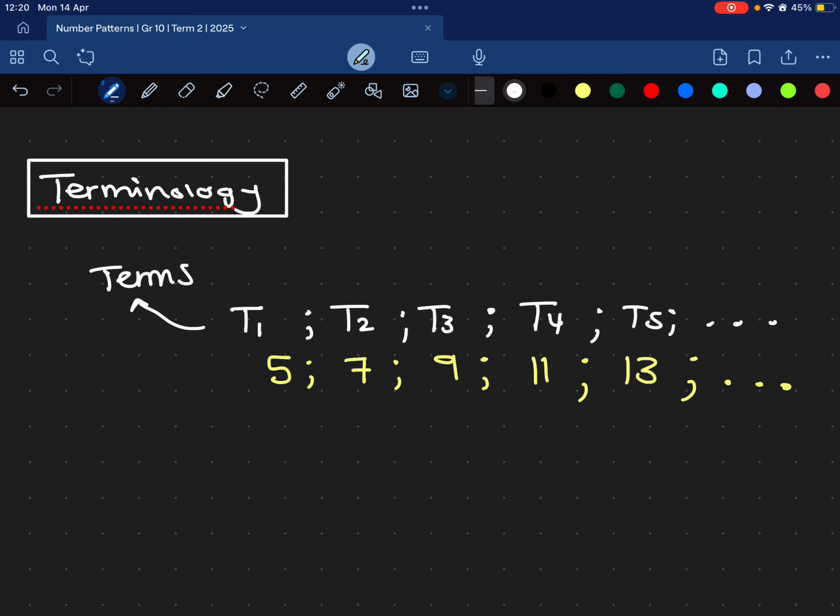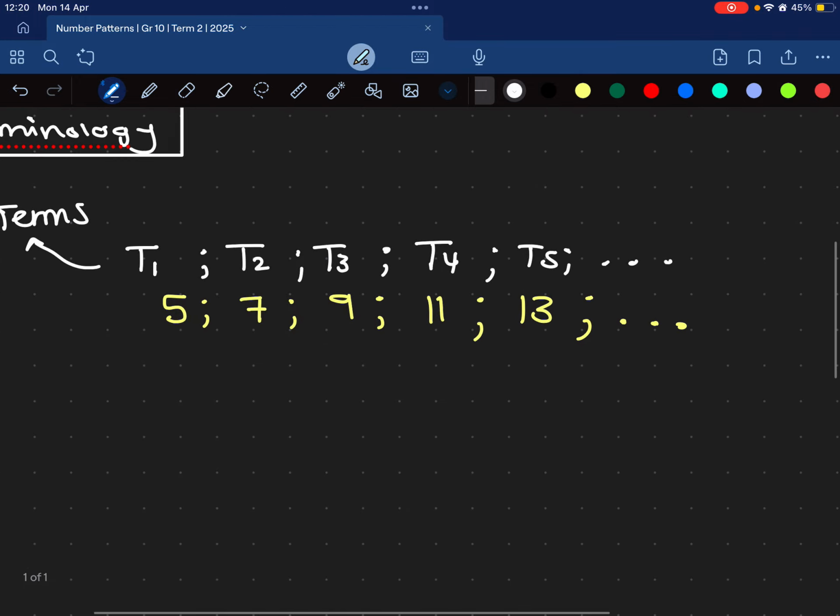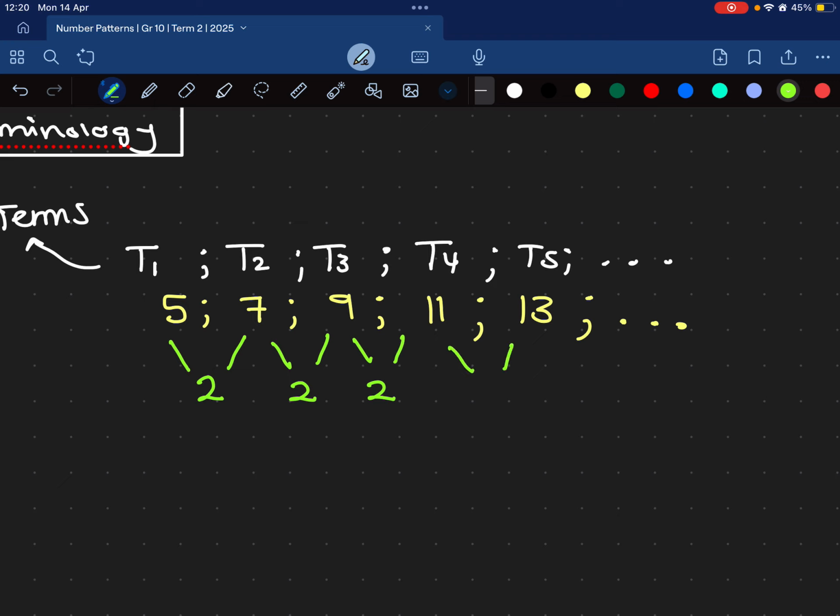That we talk about. Okay, so what we notice is that when we look at 5 and 7, the difference between them is 2. The same for 9 and 7, 11 and 9, 13 and 11. So we notice that what they have in common is this 2.